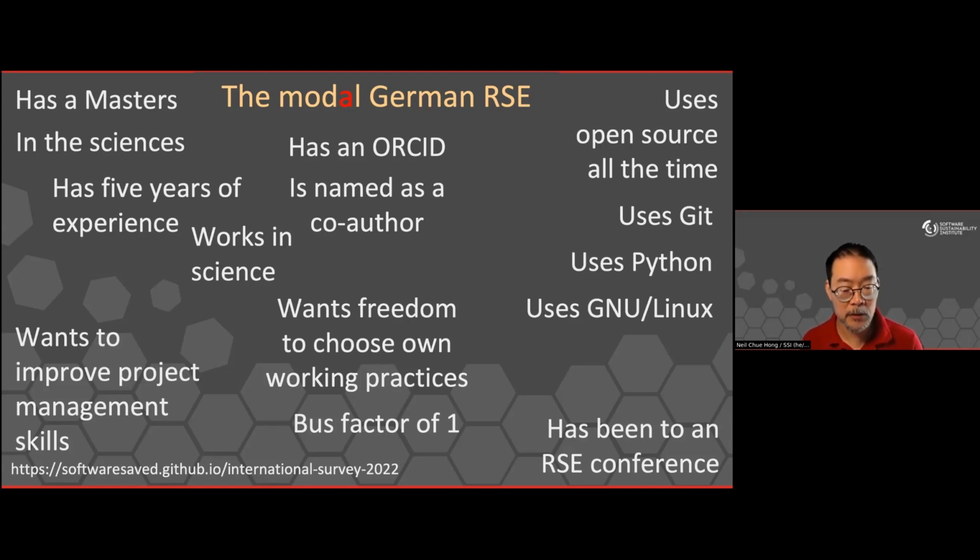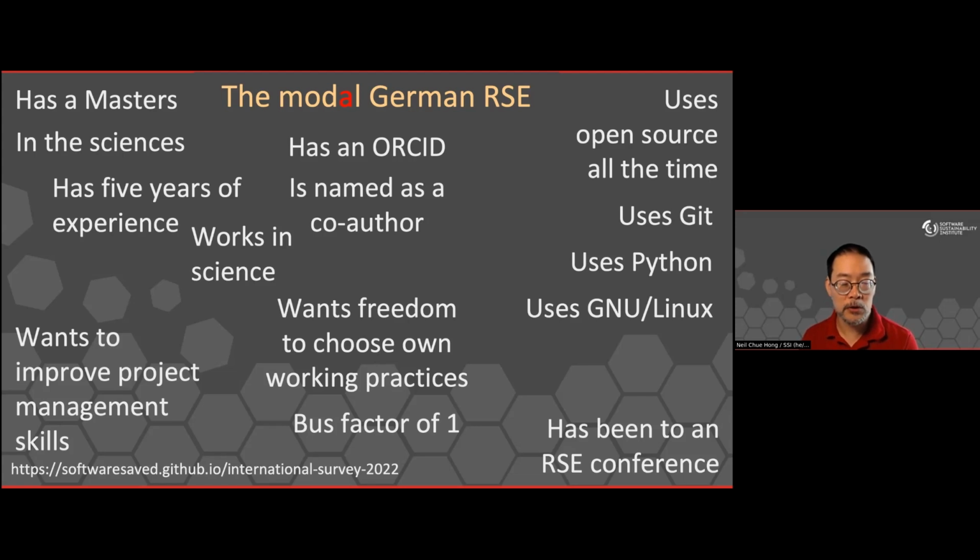And that's actually a little bit lower than some of the other countries where the bus factor is closer to 1.5. But it is still better than some of the groups that we've talked to, where they've noted that their bus factor is actually such that it's going in the other direction. If they lose one person, then 4 projects are affected and can't work. So it's really interesting to see this sort of information.